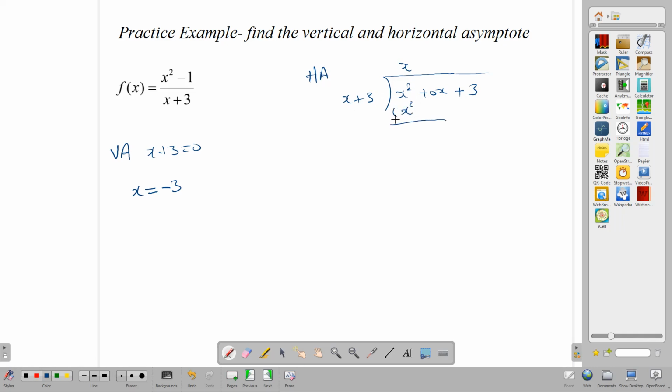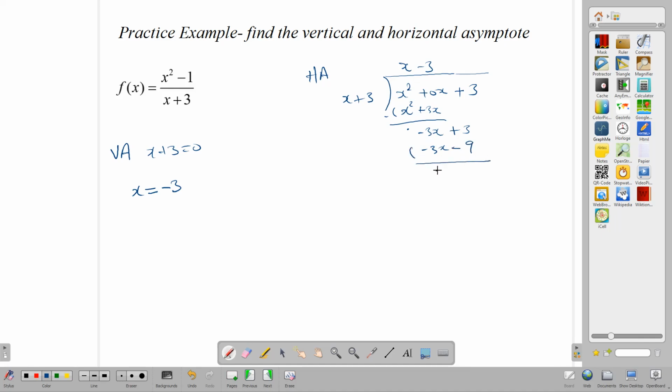We subtract, and that's 3x. So we're subtracting 3x. So we have a minus 3x here, and then plus 3. X into minus 3x gives us a minus 3, and x times that minus 3 gives us minus 3x plus, minus 9.